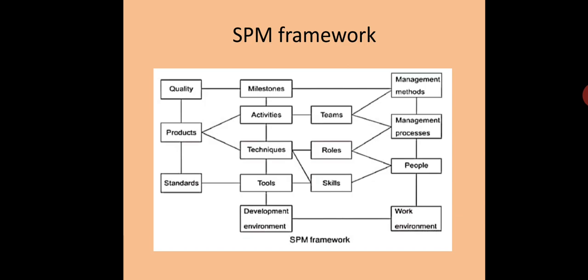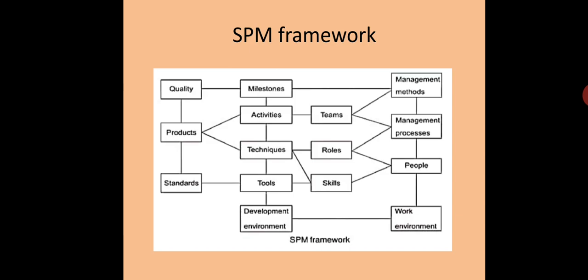Now you can see something called milestones in the given diagram. Milestones, activities. What is a milestone? A milestone is a scheduled event which denotes the completion of some kind of major task. In other words, milestones are the end point of some kind of process activity.